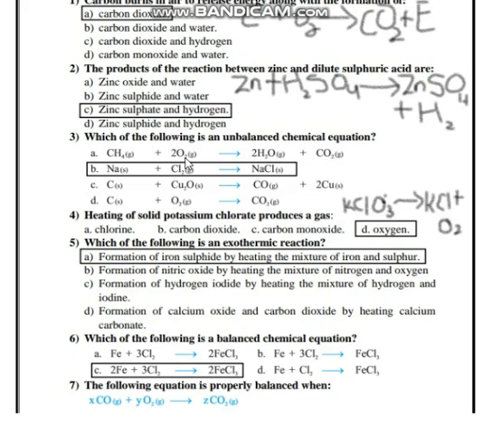There are 4 oxygen atoms in the reactant, and in the product there are 2 oxygen atoms plus 2 oxygen atoms, so also 4 oxygen atoms. So this is a balanced chemical equation. When methane reacts with oxygen, it produces water and carbon dioxide, and it is a balanced chemical equation.